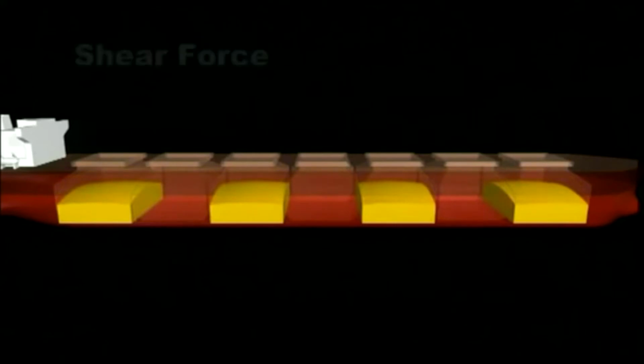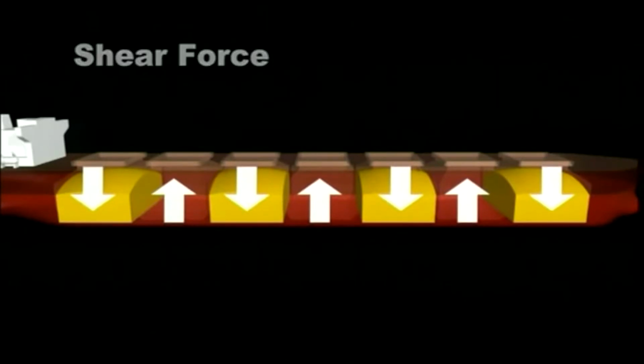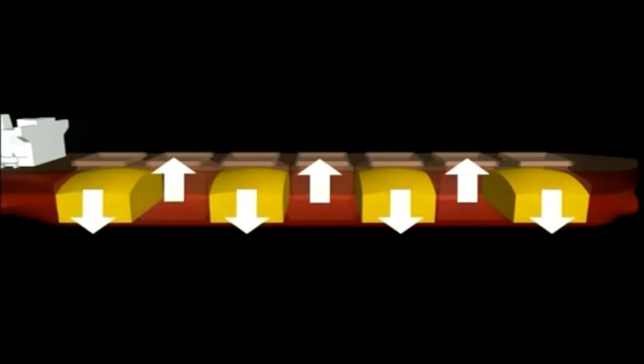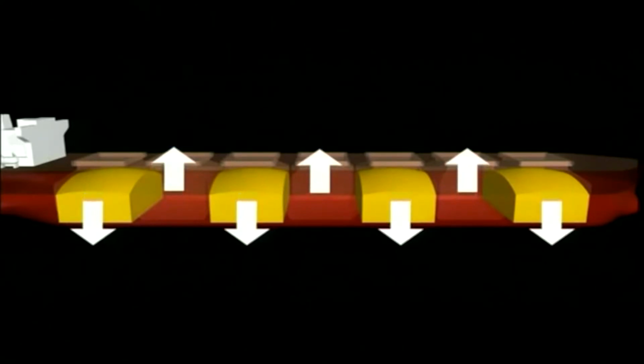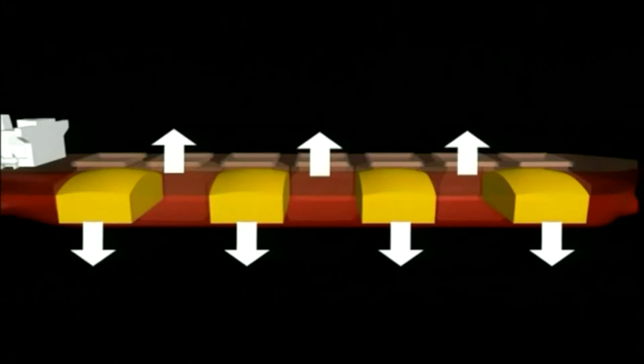Put simply, shear force is caused by two opposing forces acting against each other. There is a downward vertical force, which comes from the weight of the hull and cargo, and an opposing upward action, which is the buoyancy of the vessel. Shear forces occur when these forces are not in balance at every point along the length of the ship.